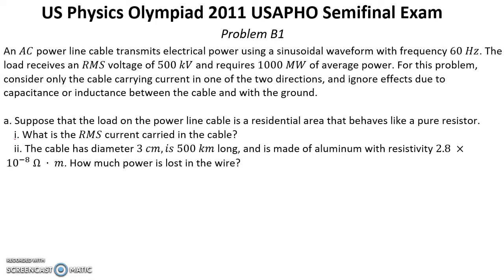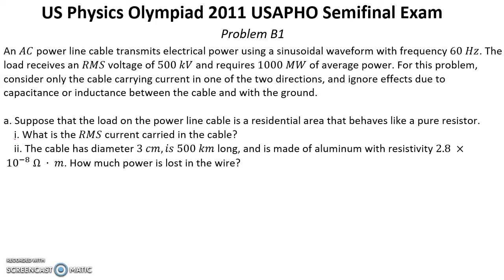An AC power line cable transmits electrical power using a sinusoidal waveform with the frequency 60 Hz. The load receives an RMS voltage of 500 kilovolts and requires 1000 megawatts of average power.